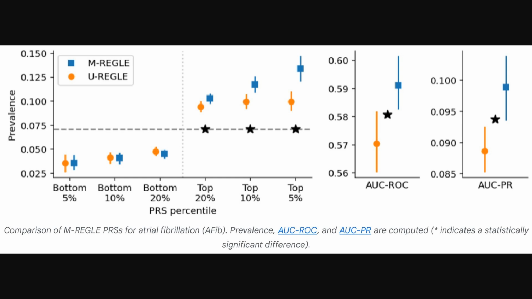On the left, we see M-REGLE is better at finding the highest risk individuals, and on the right, it achieves significantly better scores on two key performance metrics, AUCROC and AUCPR. Both of these measure predictive accuracy, and higher is better. So the multimodal approach leads to a more powerful and accurate risk score.